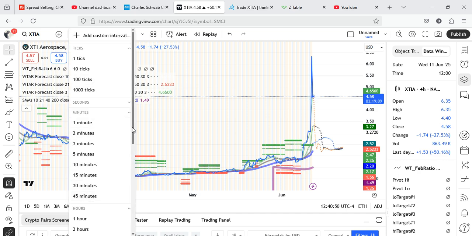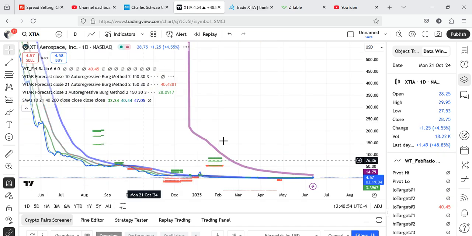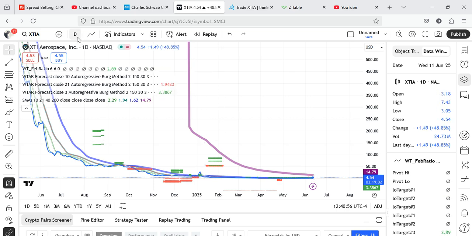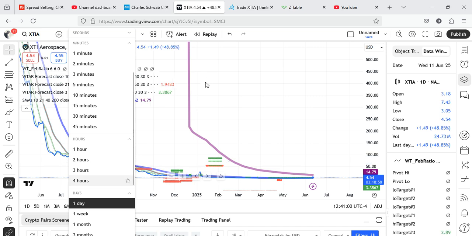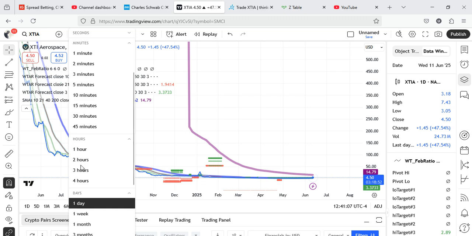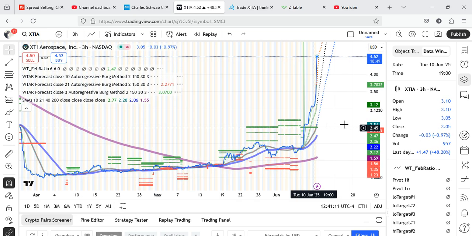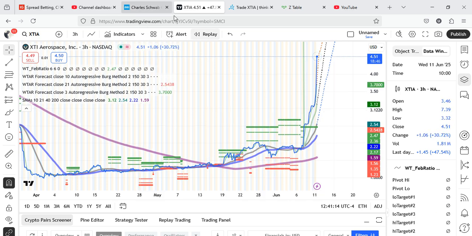Maybe we might find something there. Let's look at the daily chart. Nothing here. Not enough data on that 3-hour chart. Nothing. I think we have to make do with this.